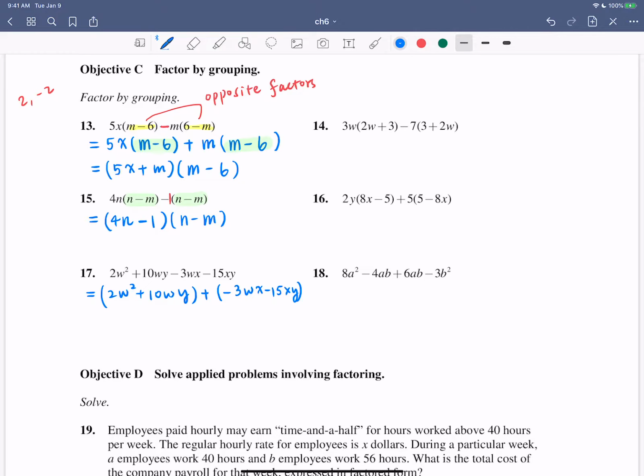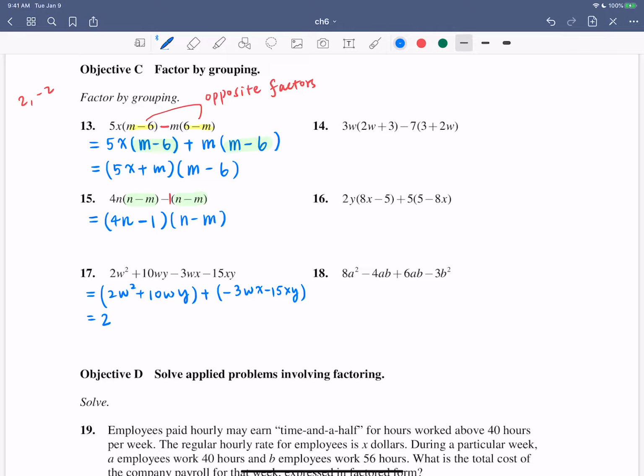Alright, so let me move that parentheses a little bit. So I didn't do anything if you look at the first line. It's the same as the original. The only difference is I add a plus sign in between the first 2 terms and the last 2 terms and add 2 pairs of grouping symbols around the first 2 terms and the last 2 terms. The next thing you need to do is factor out the GCF, just like objective B. Between the first 2 terms, 2 and 10, the GCF is 2.